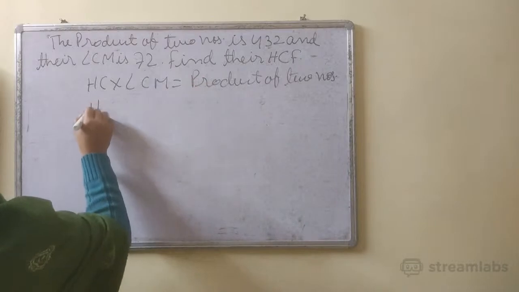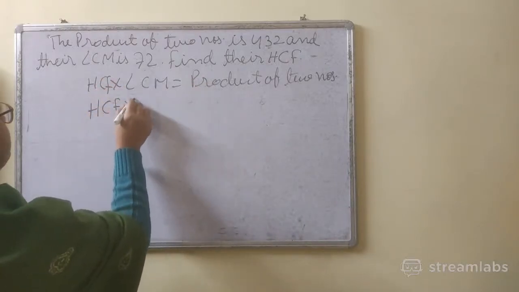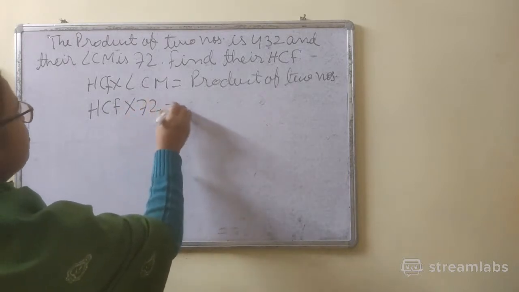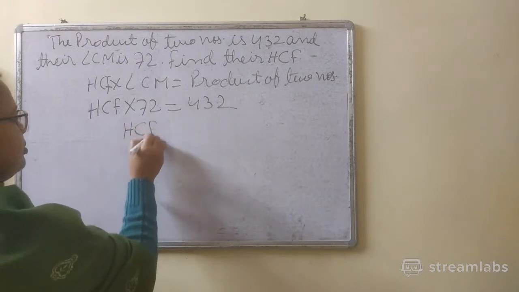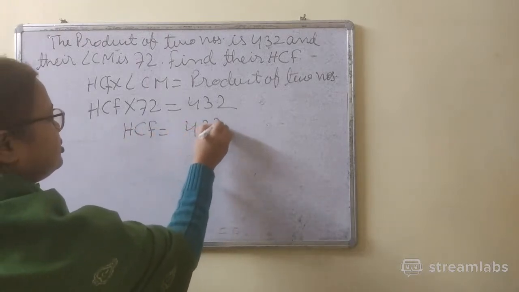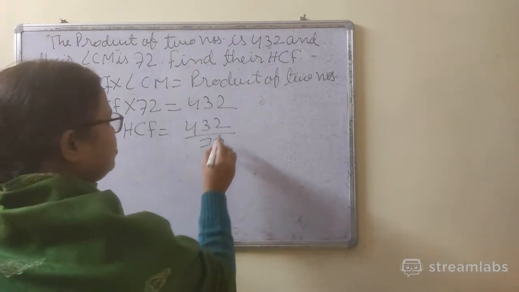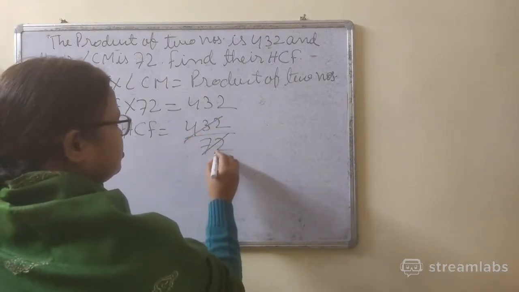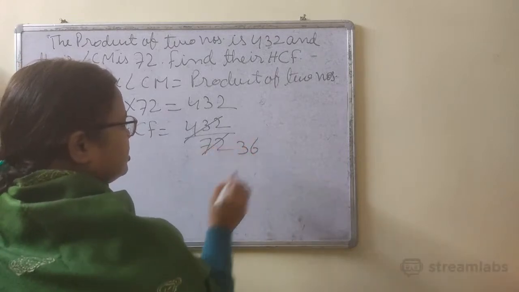Now, HCF you have to find out. HCF into LCM, LCM is 72. Product is given, what? 432. So HCF will be equal to 432 divided by 72. Now you cut this one. So 2 3s are 6, 2 6s are 12.